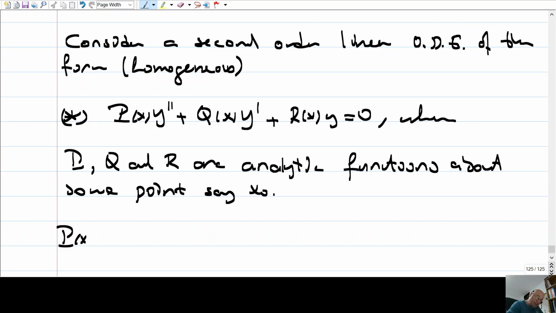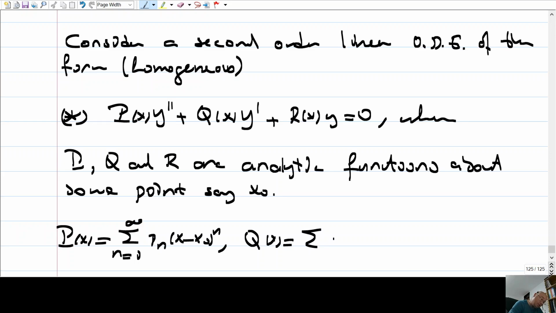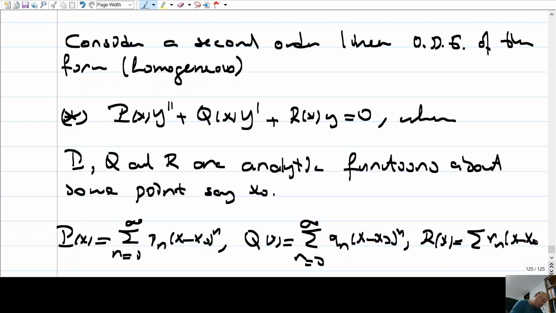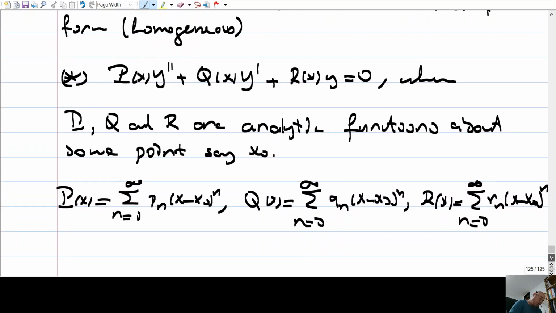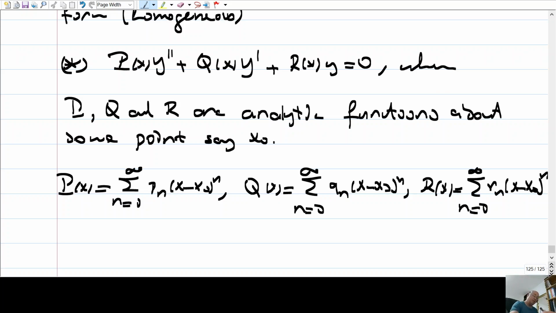So p(x) is something like the sum of pn (x - x0)^n from 0 to infinity, and q(x) is just the sum of qn (x - x0)^n, and r(x) is just the sum of rn (x - x0)^n. They may have different radii of convergence, but we assume that they are all positive.